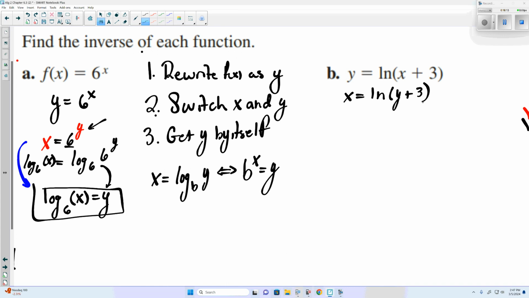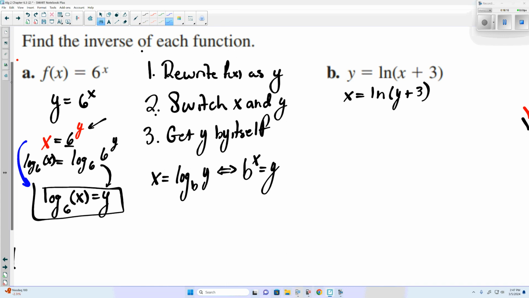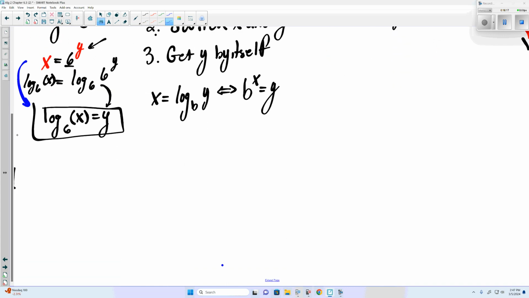Now we can go through the process of doing this with logarithmic. Is this almost the same as exponential? We're saying x is equal to the natural log of y if and only if what? What's our base again? For natural logs, e to the x is equal to y, because our base with the natural log is never written.